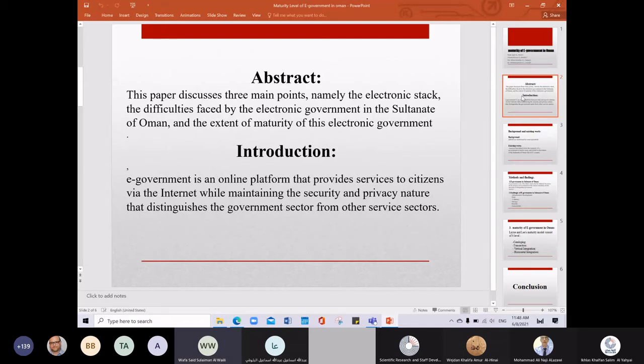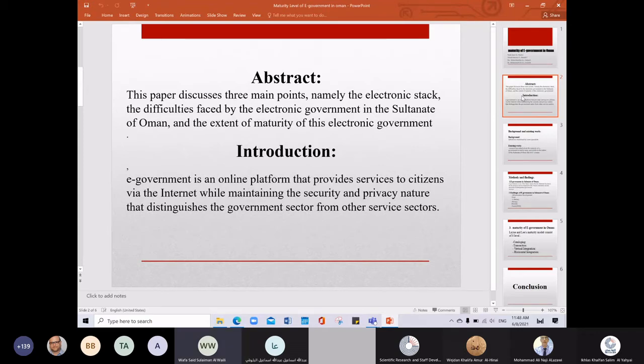It is the use of the internet as a platform to provide government services, and this term has emerged as the government is evolving with the new era of information technology.